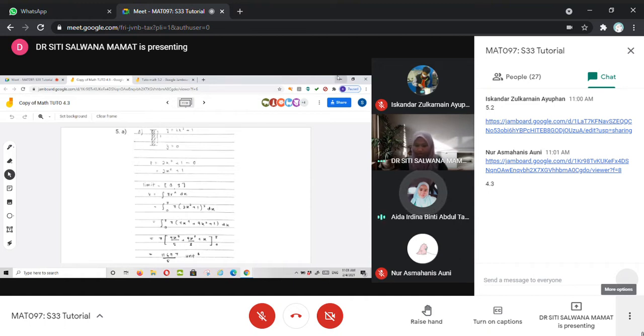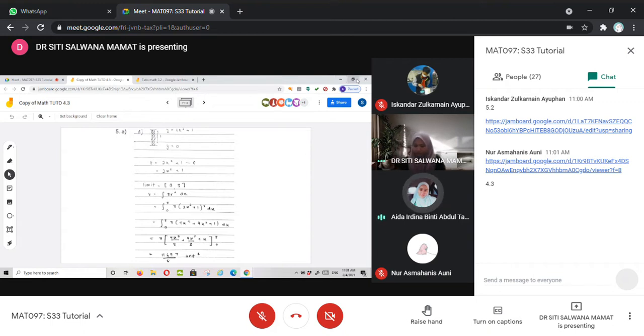So they revolve about x-axis, and then first we need to find r. R equals f(x) minus 0, and y equals f(x) is 2x squared plus 1. So r equals 2x squared plus 1, and then the limit is 0, 3. The formula is V equals pi integral of r squared dx.